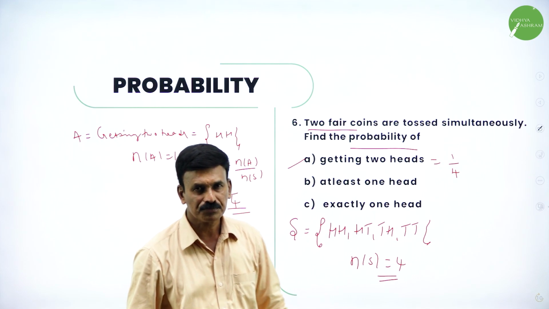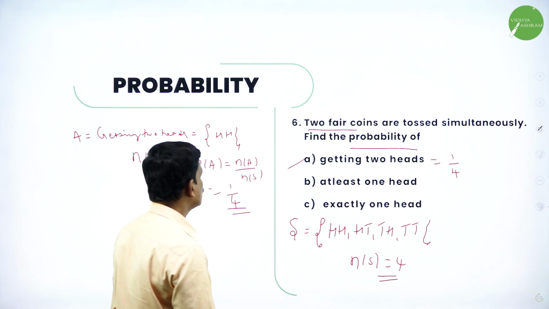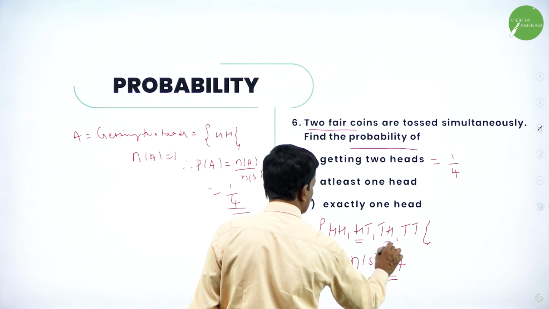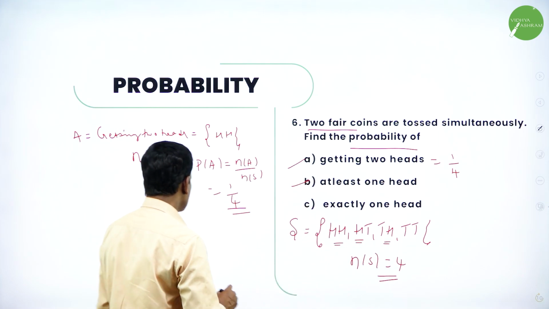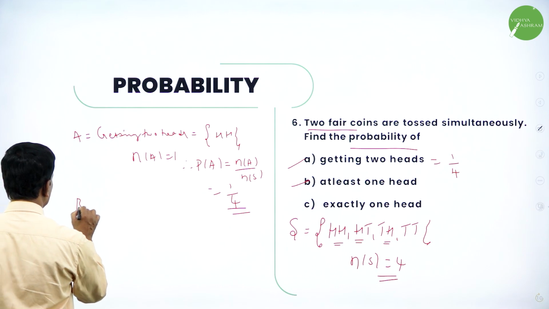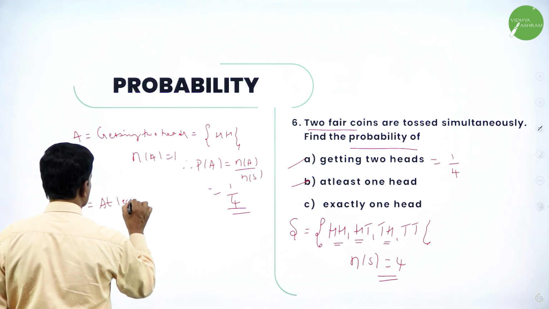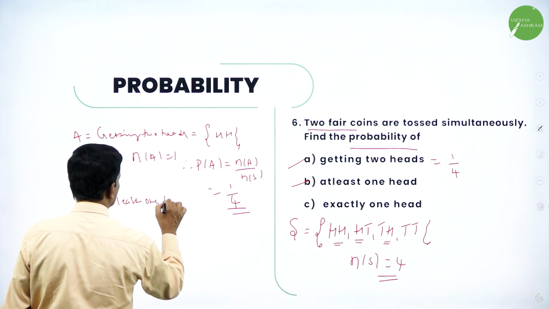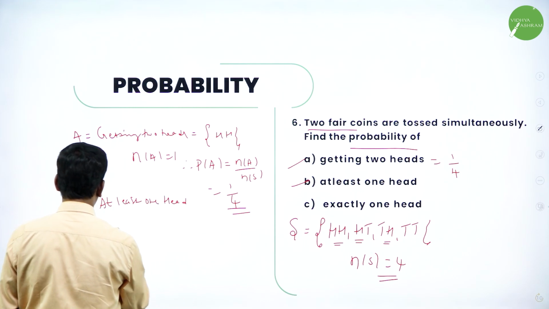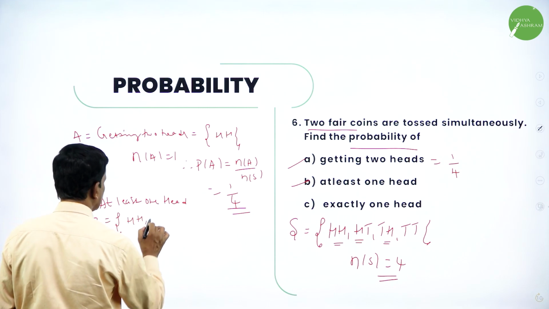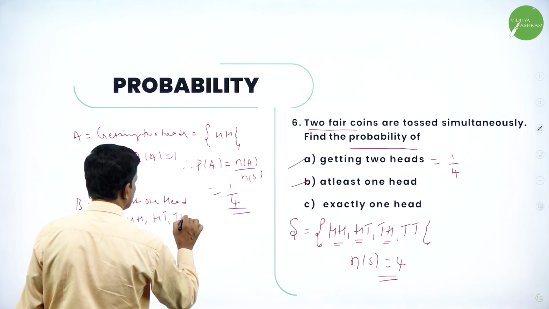Now move on to the second condition, at least one head. At least one head means a minimum of one head. Let us define the event B as at least one head. So the outcomes are head and head, head and tail, tail and head.